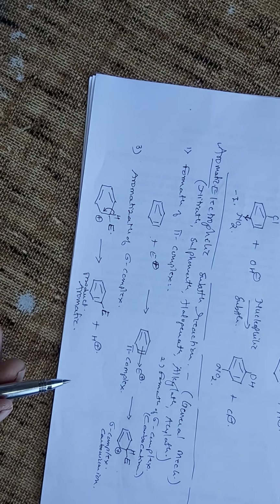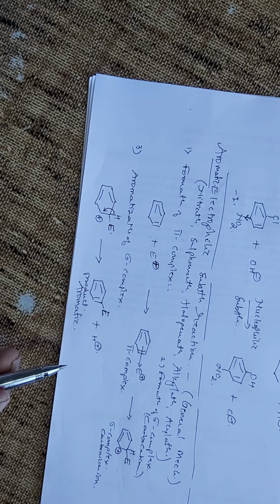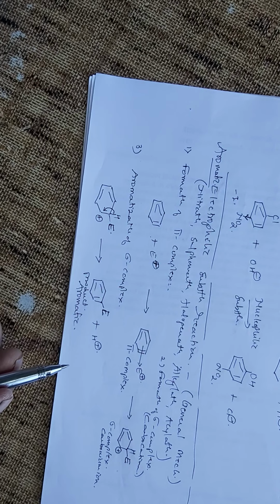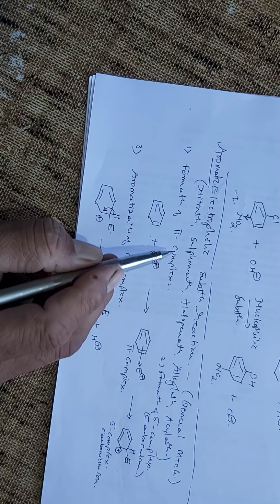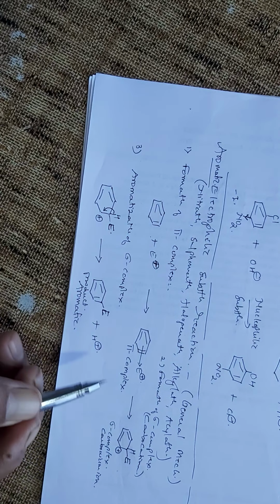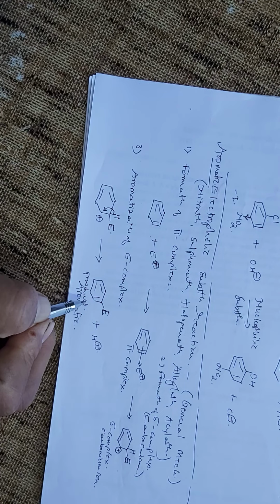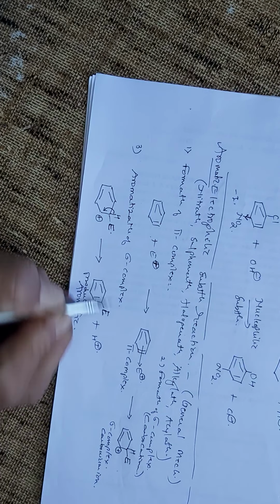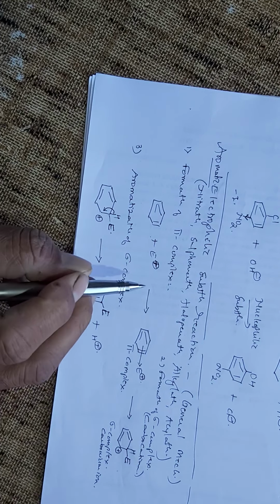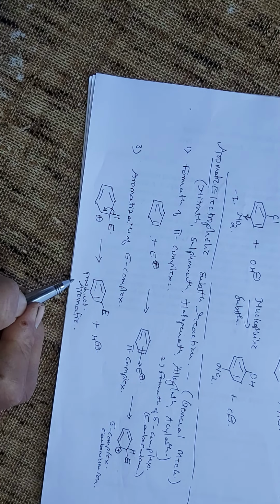We are supposed to study the different types of electrophilic substitution reactions, that are nitration, sulfonation, halogenation, alkylation, and acylation, which proceed in the same way. The stepwise discussion of all these reactions will be the same: formation of the pi complex, sigma complex, and aromatization.